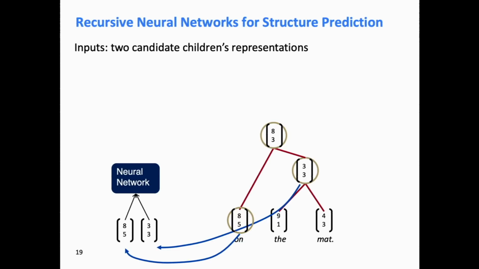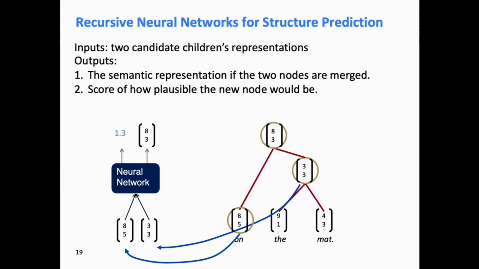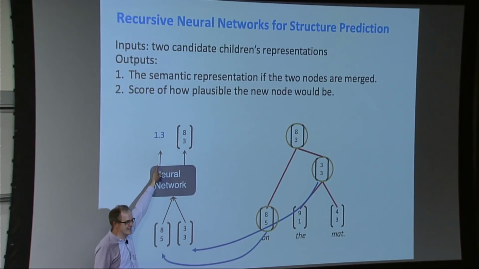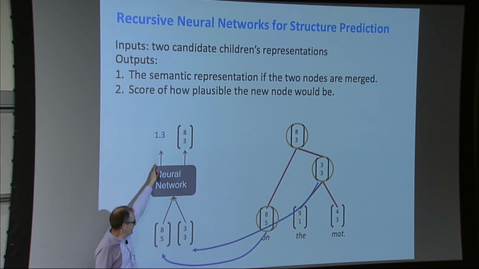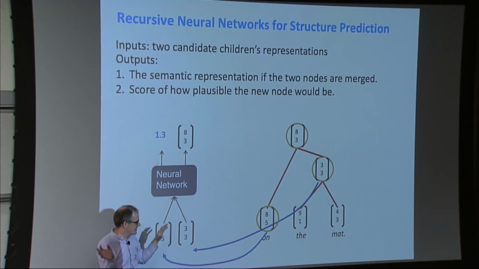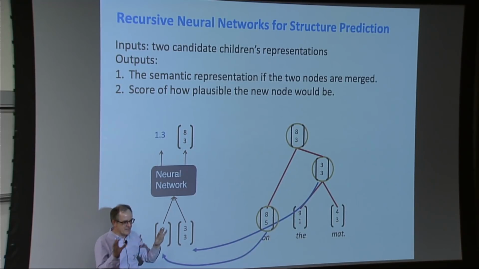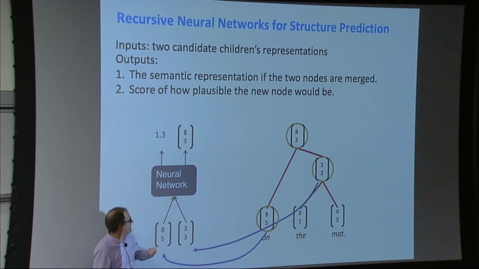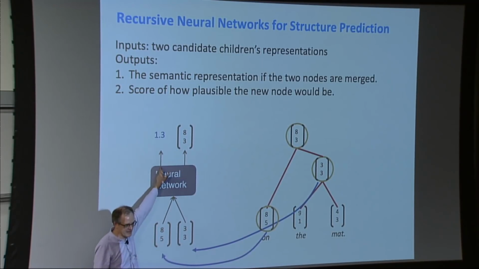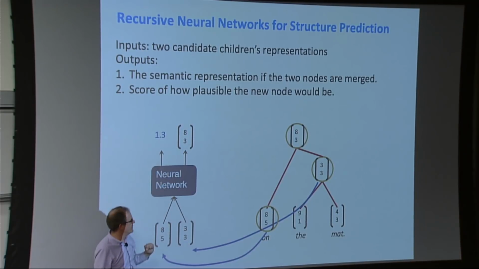So if we could feed those into a neural network, we could get out of it two things. We could get a goodness score. This is what we're going to use for parsing. We're going to say, do you believe you can put together on and the mat to form a good constituent that's part of a parse tree? And this will be a big positive number if the answer is true, and negative if it's not true.